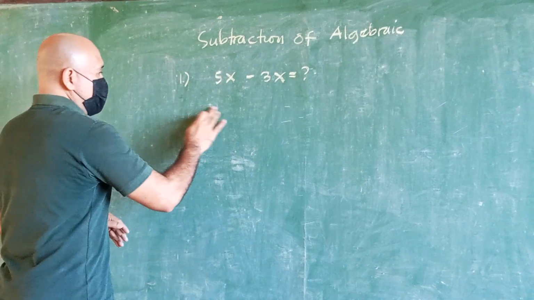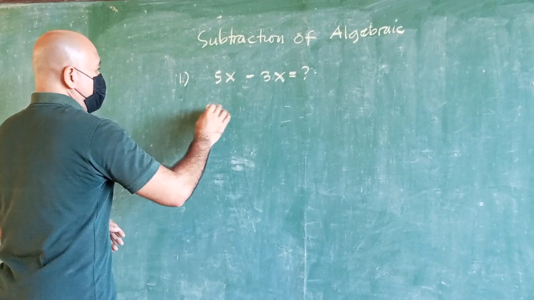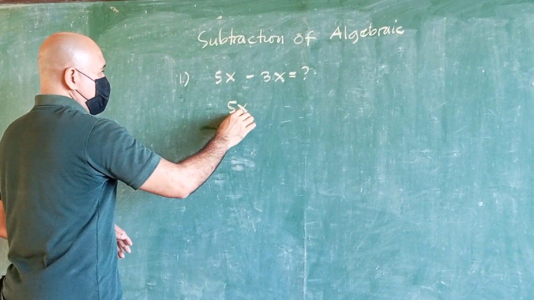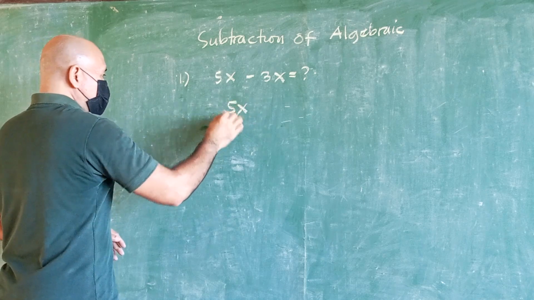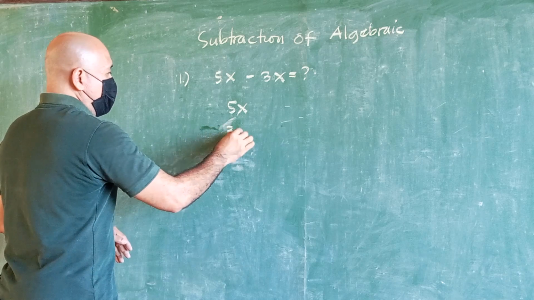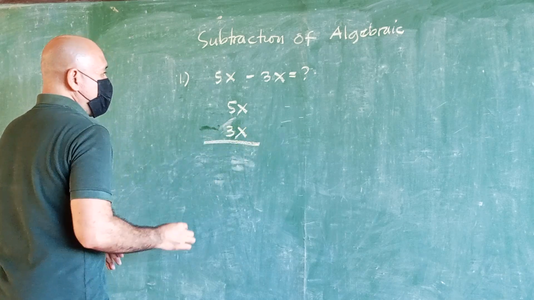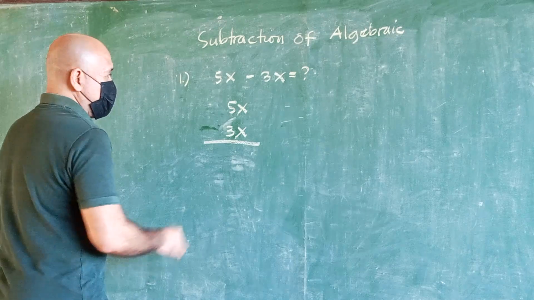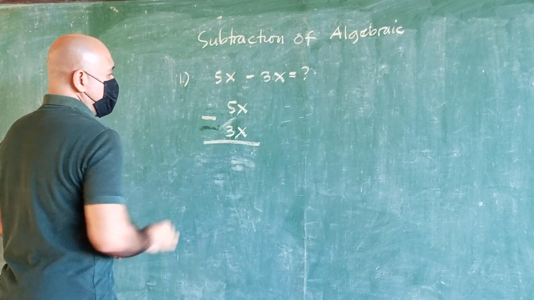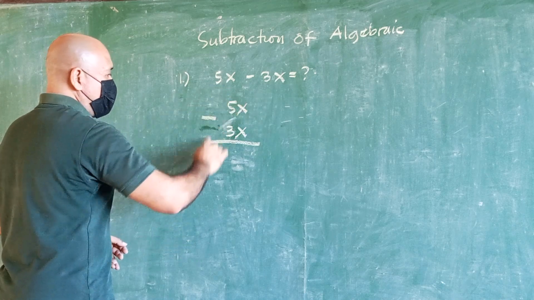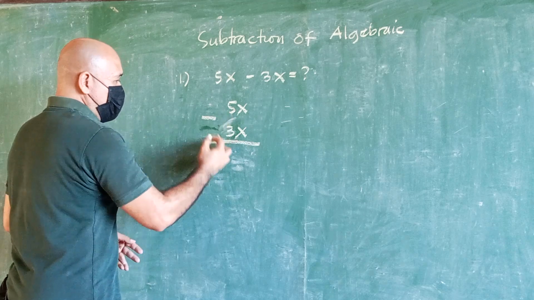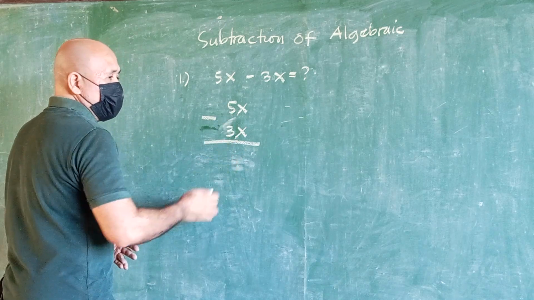If the given terms or expressions are similar, then you can subtract them just the way you use the idea of similar terms when we add algebraic expressions. So in this case, 5x minus 3x, you may rewrite this into vertical arrangement. Try to compare if the two given expressions are similar or not.